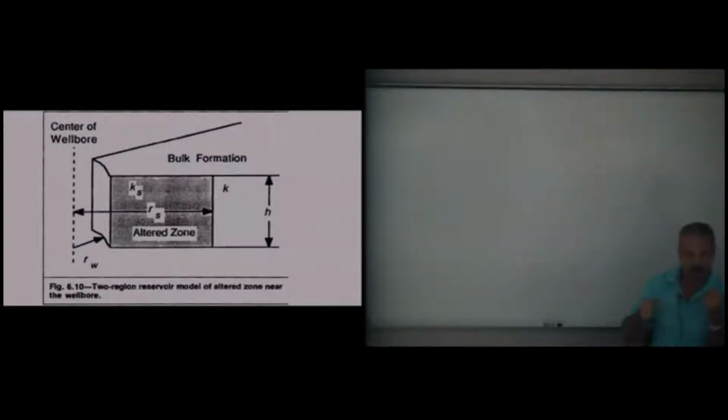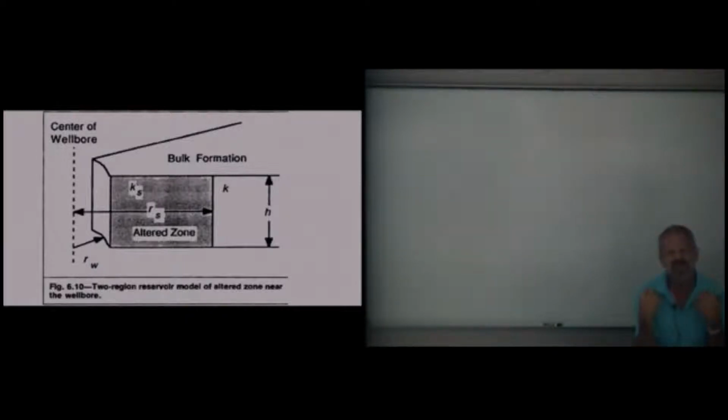So we call this skin. We always have and always will. And so there's definitions there. There's a radius that drilling mud invaded into, and if our formation had a permeability of k, we have a permeability now.